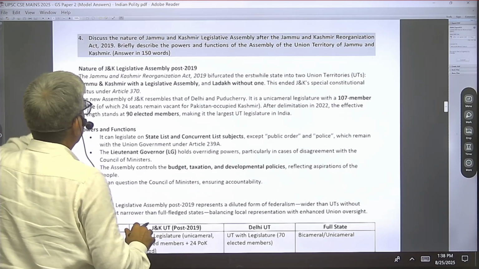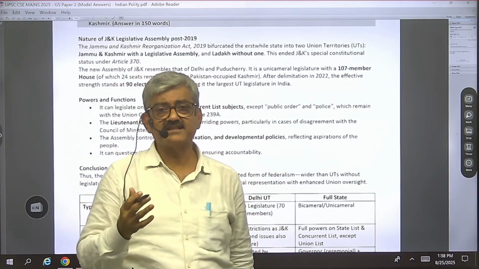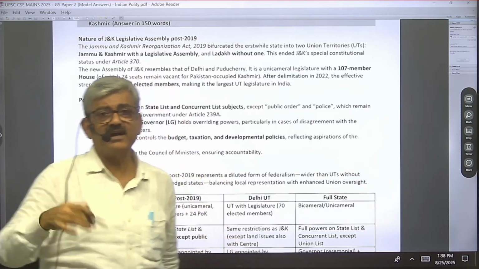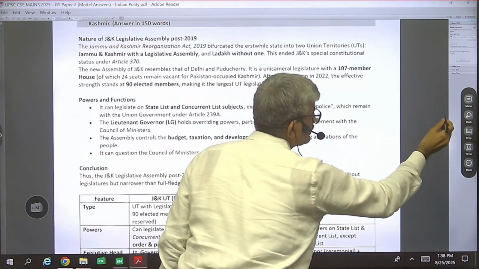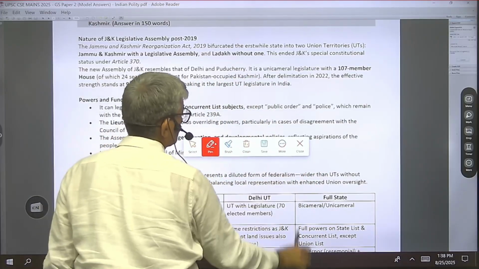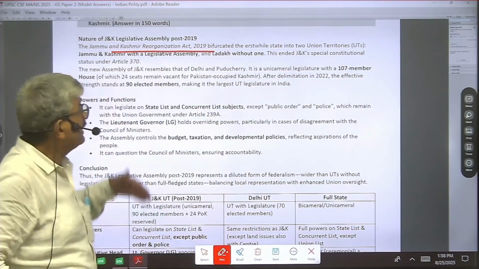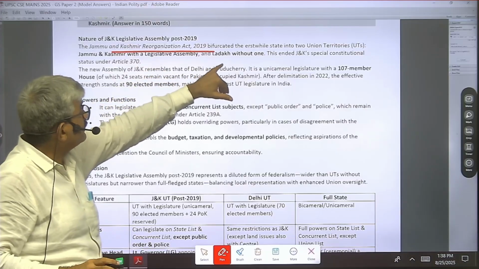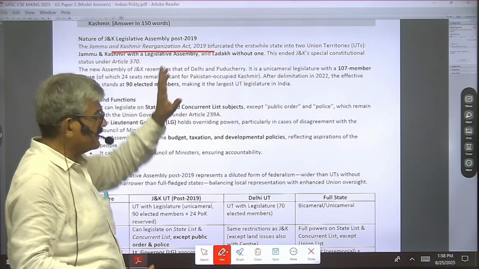We all know Jammu and Kashmir enjoyed a special status under Article 370, which in 2019 was done away with, and we have the Reorganization Act 2019, under which we have two different union territories, Ladakh without a legislature, and Jammu and Kashmir, which has been given a state legislative assembly.